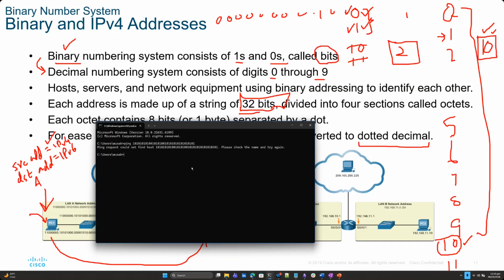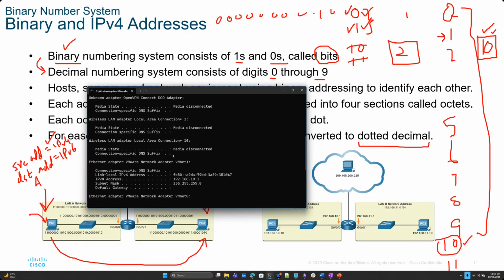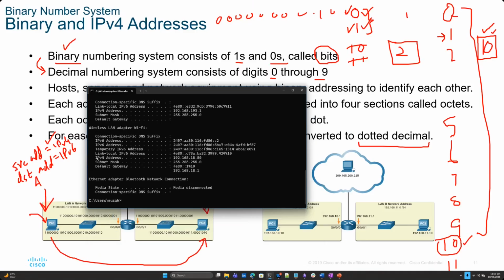But when we try to type it or work with it or use it in tools like ping and tracert, we have to first convert them into decimal. And the computer always shows them in decimal notation to us. For example, if I do ipconfig just to check what the IP address of my computer is in this case, it tells me my IPv4 address is 192.168.18.80.